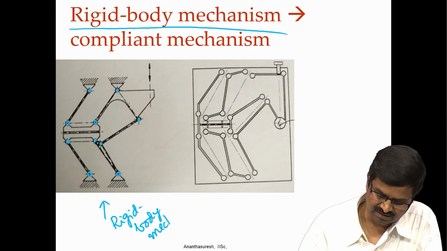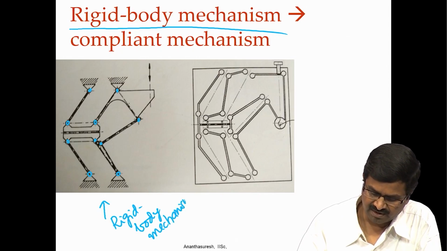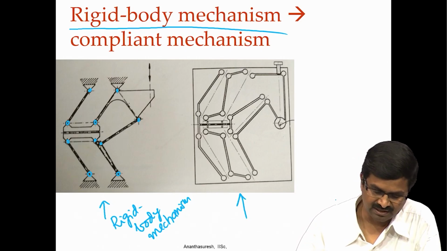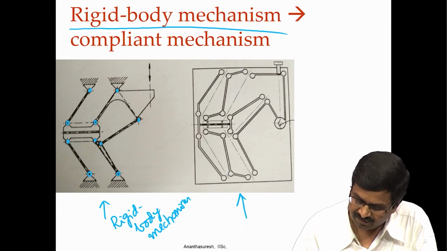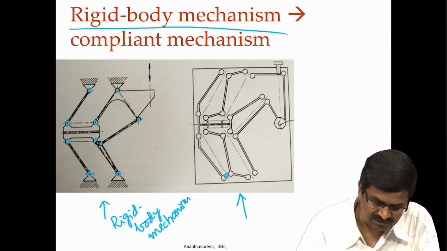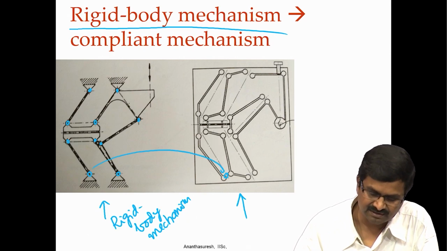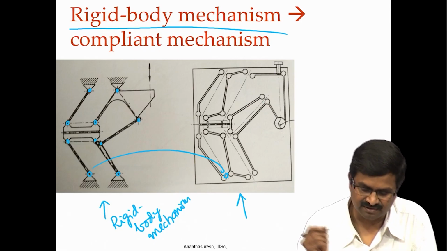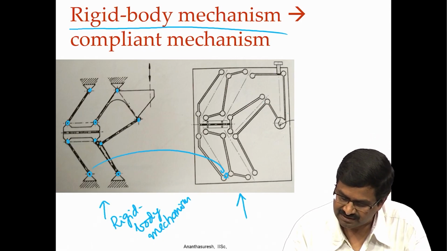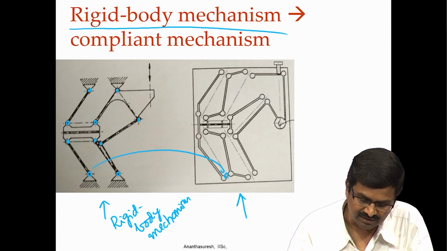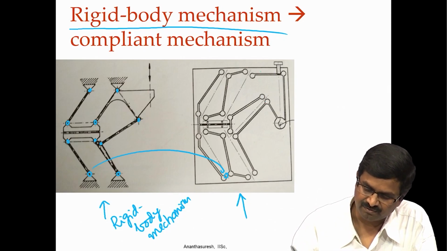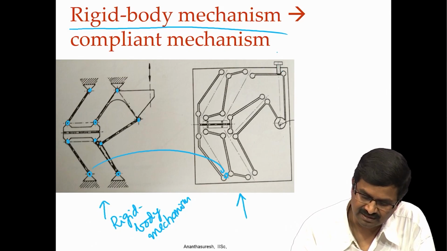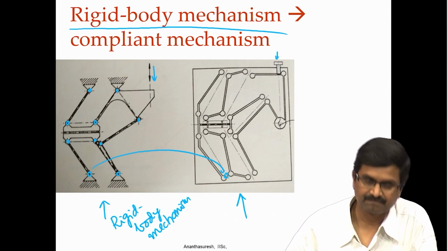This is a rigid body mechanism, whereas this one here is the exact equivalent of that. If you notice, wherever these joints are, we have these flexures. So, let me put a flexure corresponding to that. Okay. And likewise, if I want to see where this flexure is, we can see that that is also over here, right. So, everywhere that we have these flexures coming, and the actuation here, that is the force over there. Okay.